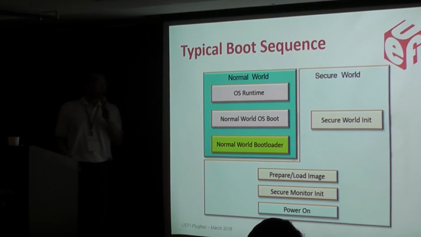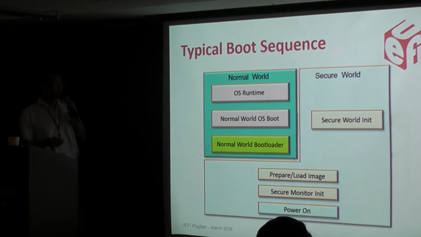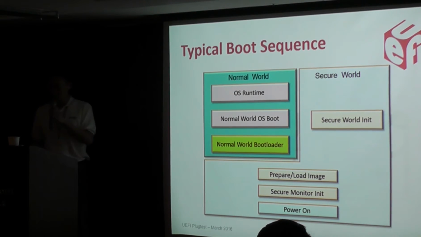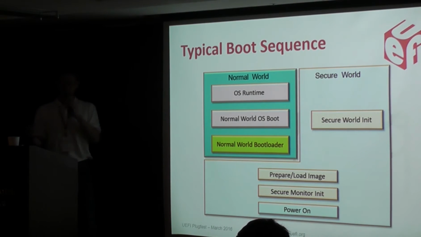In this slide, we can see there's a normal world and a secure world. Normal world means, as I explained earlier, exception levels 0 to 2. These things operate in this world. And for the secure world, it's ARM Trusted Firmware, also OP-TEE; all these things can run in the secure world. This slide is to let you know that when the system first gets powered on, it gives control to secure world initialization, that is Trusted Firmware.